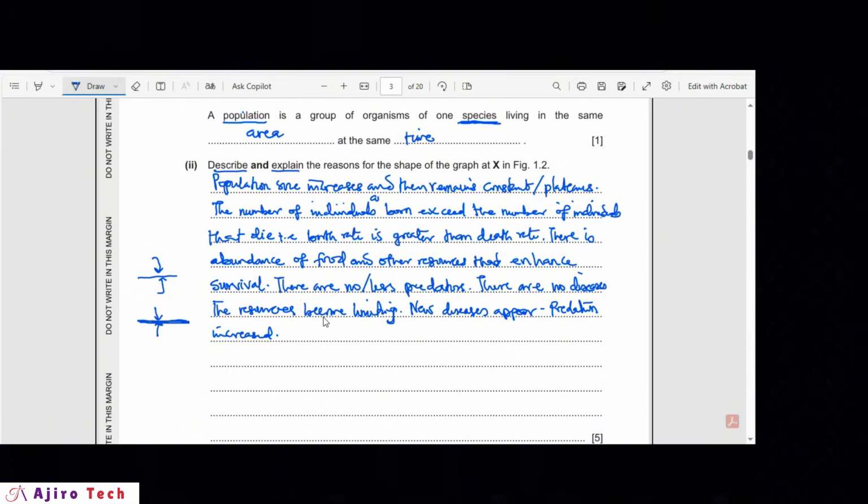So as a result, death rate and birth rate become equal. We have equilibrium between them.